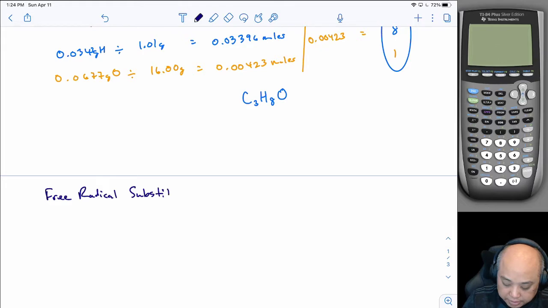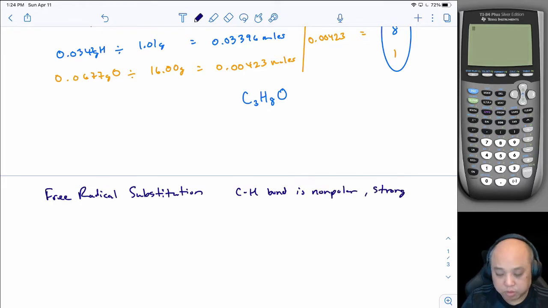Because the bonds don't want to break like double bonds or more polar bonds like a halogen bond with a carbon, that C to H bond is very strong. It is very nonpolar and very strong, so it's very difficult to break. So you need something that is extremely reactive to break it, which is where we enter the free radical.